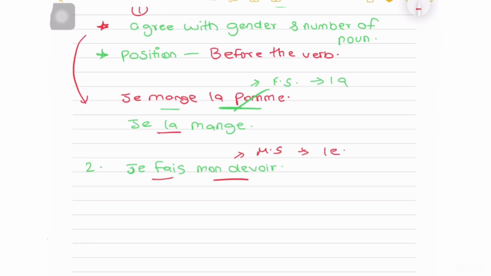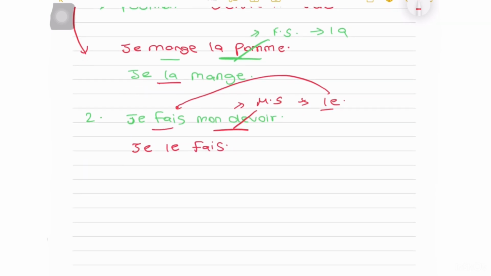And where will I put this le? It goes before your verb, always before the verb. And I will not write mon devoir again. Why? Because that is what I'm replacing. If I write mon devoir and I also write le before the verb, it is grammatically wrong. It defeats the purpose of what we're trying to achieve. So I get je le fais. I do it.